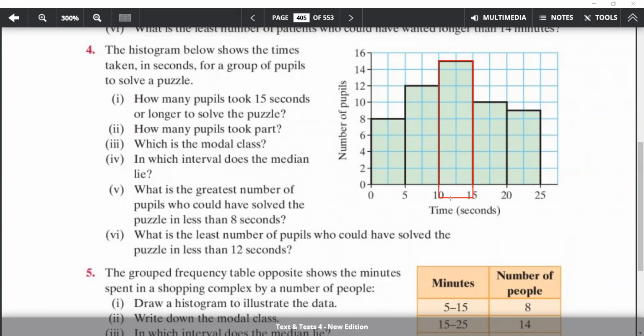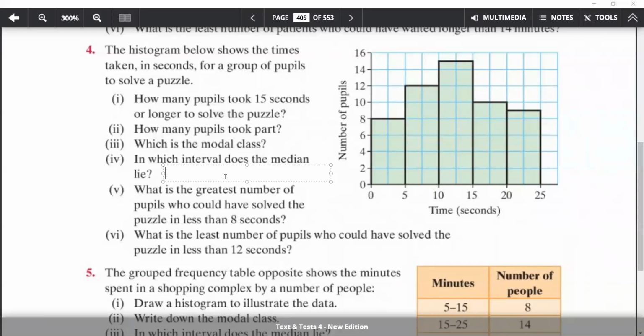In which interval does the median lie? Well, we've just said that n equals 54, that there are 54 people in this survey. So half of that, if we want to find the middle value, is going to be 27 and the 28th person. So we're asking in which interval do the 27th and 28th person lie.